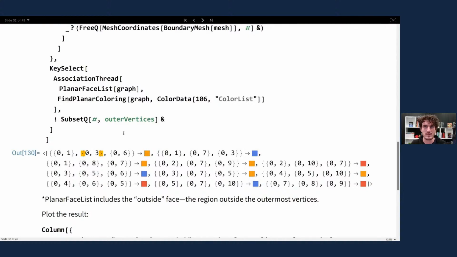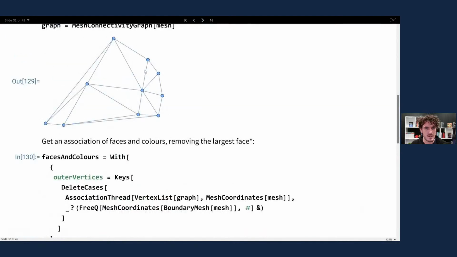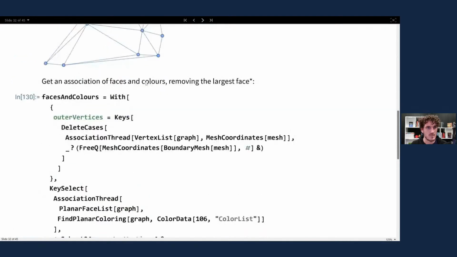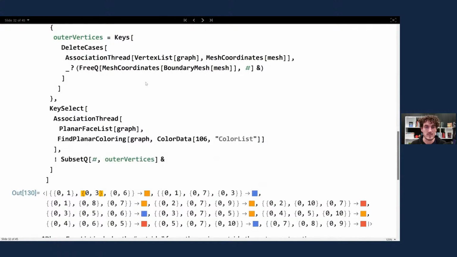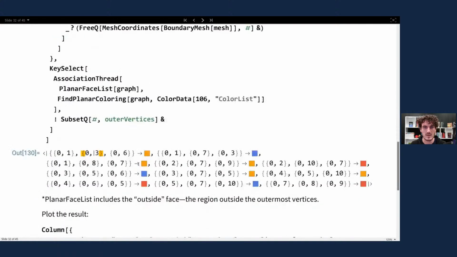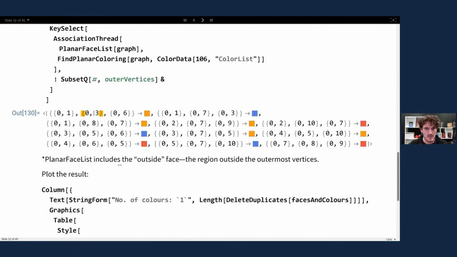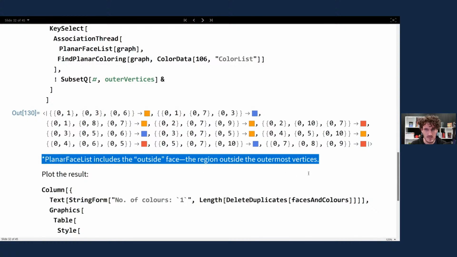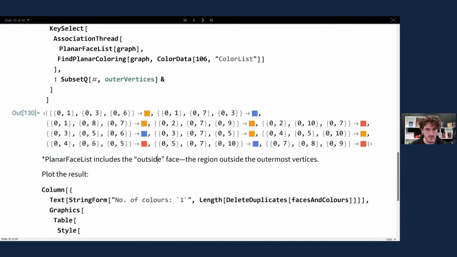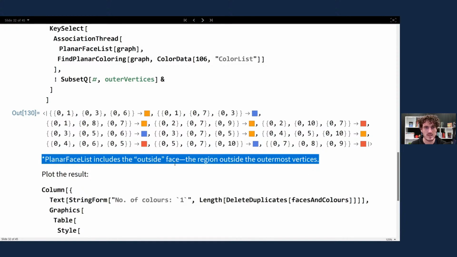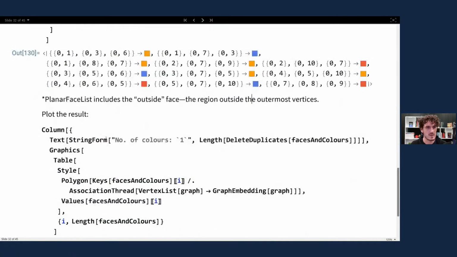You can think of that as a kind of triangle. Maybe it's this one. So that's a face, and that will be colored in this color. All right. And this is just a note here: the planar face list includes the outside face, the region outside the outermost vertices.